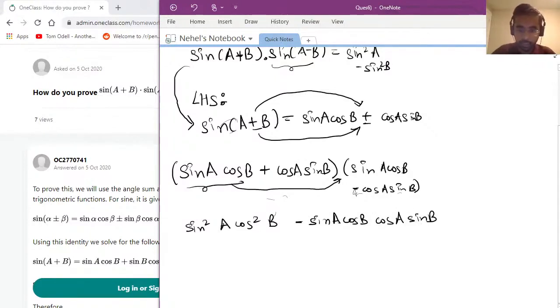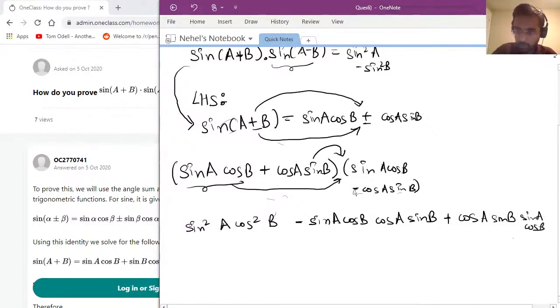And then for my second term, I multiply this with the bracket here, and I will get plus cos a sine b sine a cos b, and then I will also get minus cos square a sine square b.